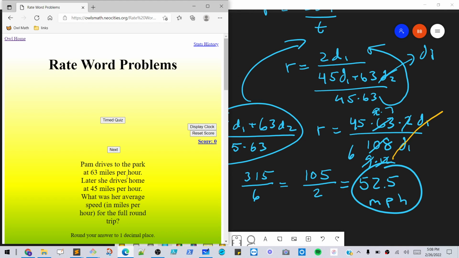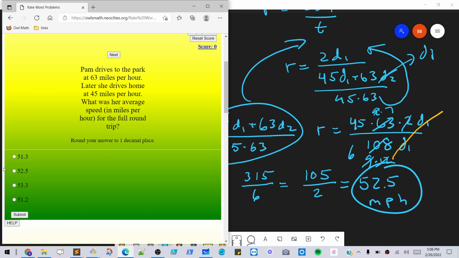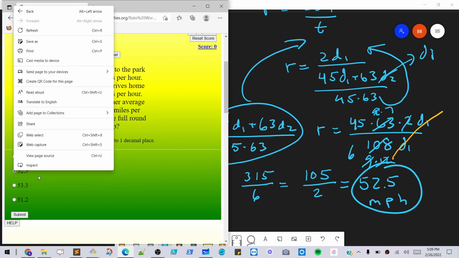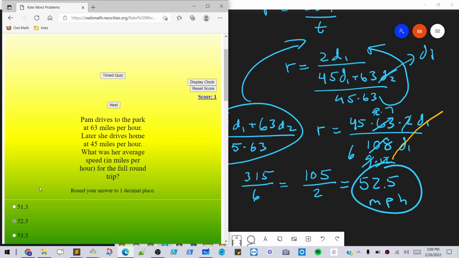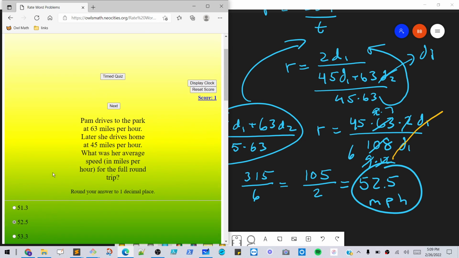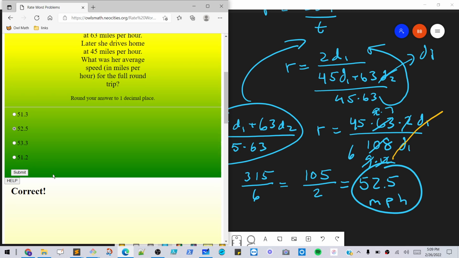So go back. 52.5. What's that thing? Huh. Okay. Oh, what the heck? That formatting is terrible. How'd this get down here? Correct, but that's ridiculous.